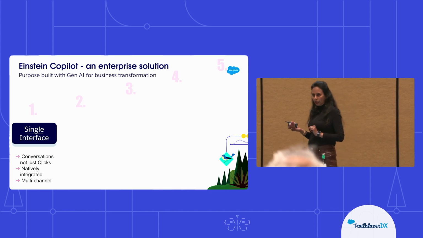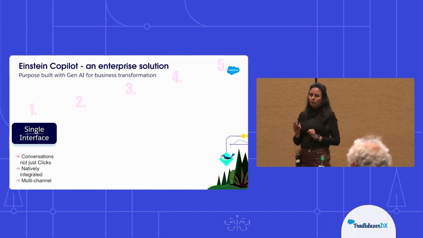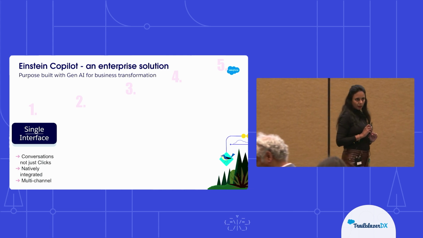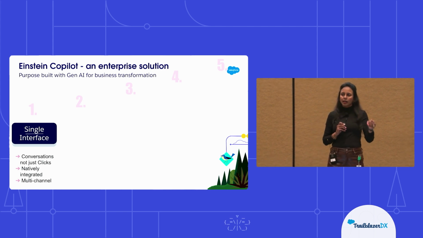Number 1, single interface. Einstein Copilot provides a single conversational interface for your teams to get work done conversationally. It comes with a natively integrated Lightning widget for desktop and mobile that can seamlessly communicate with CRM pages for full contextual awareness.